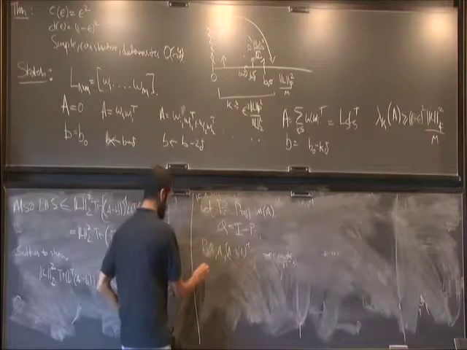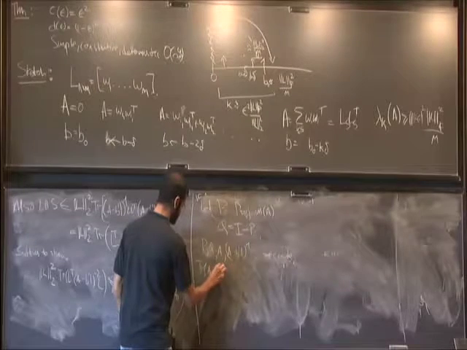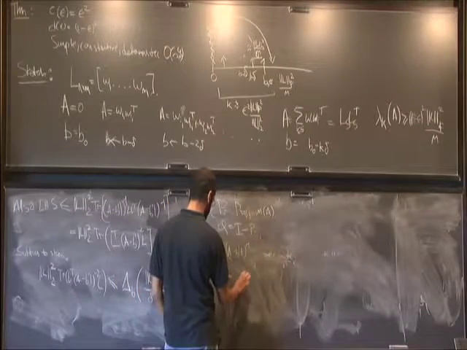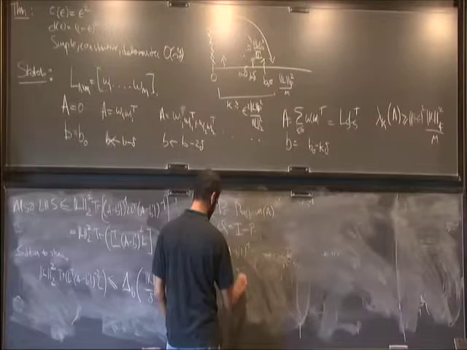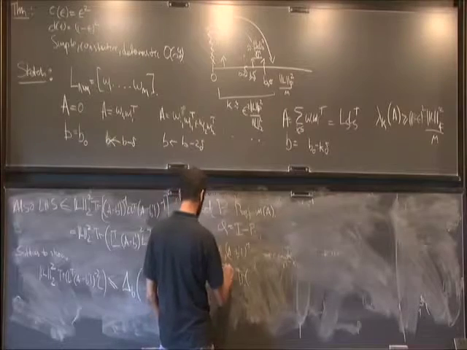In particular, I can write the trace of A minus B prime I inverse as, well, there's no sum, it's just the trace of L transpose.